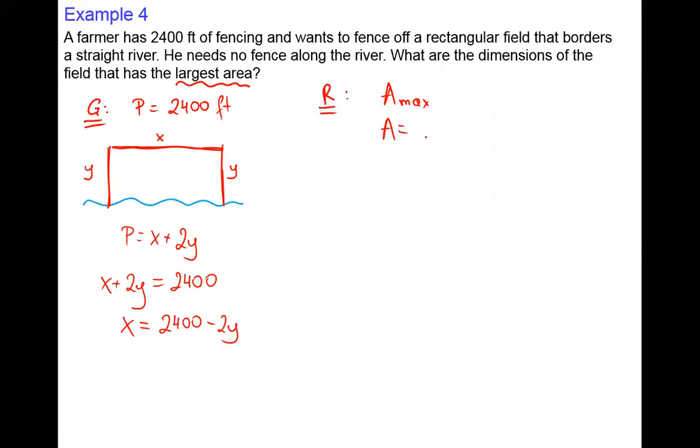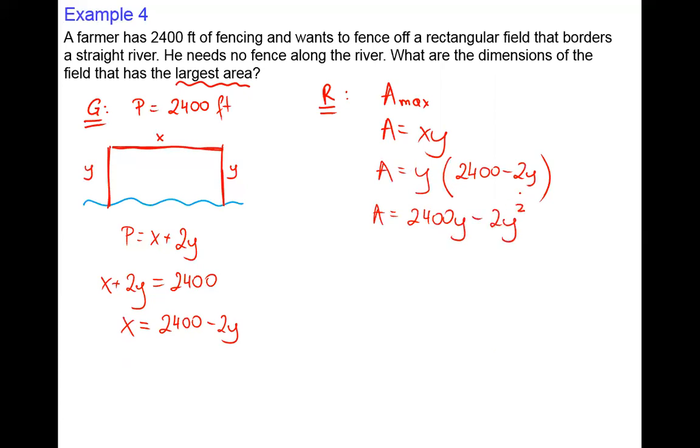That means the area is just length times width, x times y. And since this is x and y, I need just in terms of y, let's say. That means I will keep y and x equals 2,400 minus 2y. Let's distribute: 2,400y minus 2y squared. Really nice function.